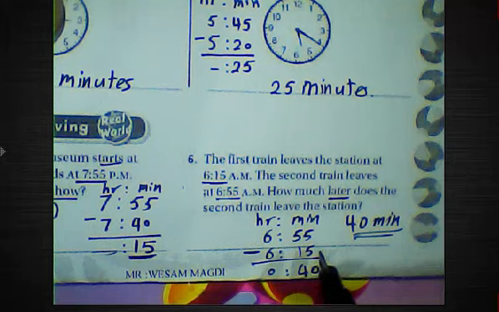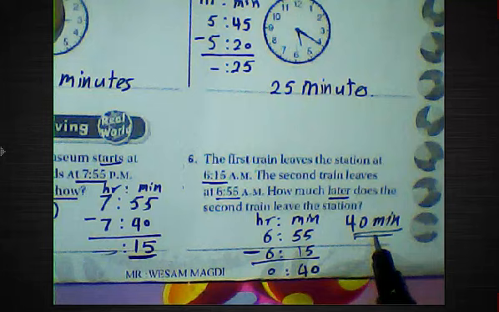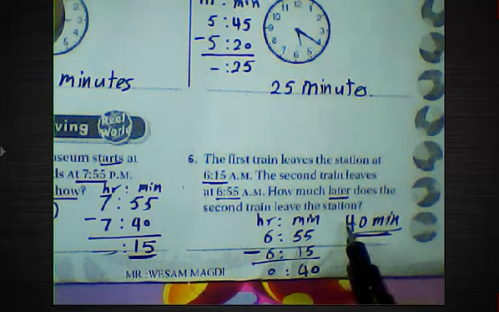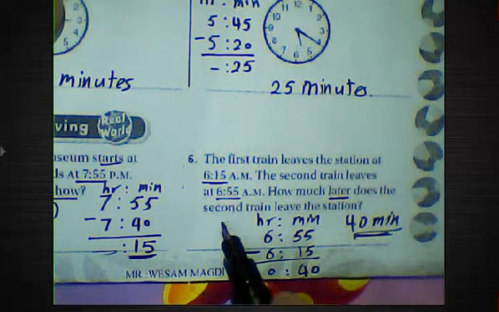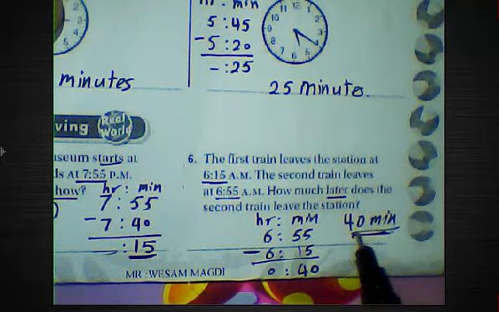And then we can subtract between them. 5 minus 5 equals 0, 5 minus 1 equals 4, and 6 minus 6 equals 0. So how much later does the second train leave the station? It will be 40 minutes.